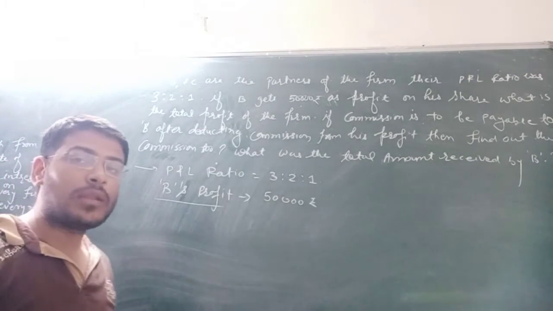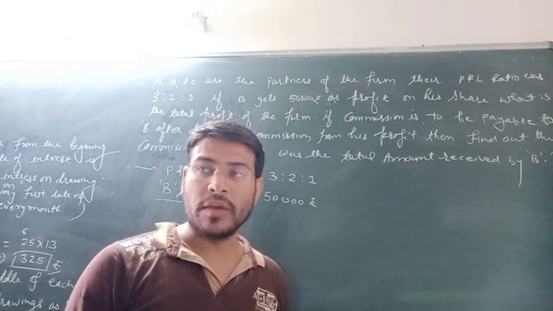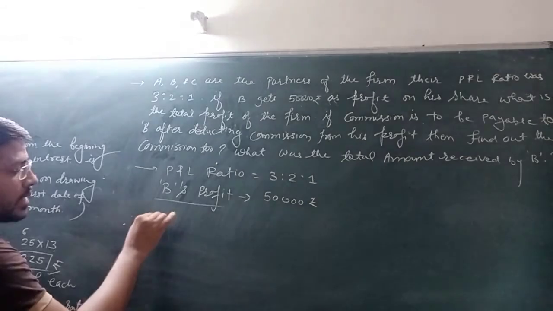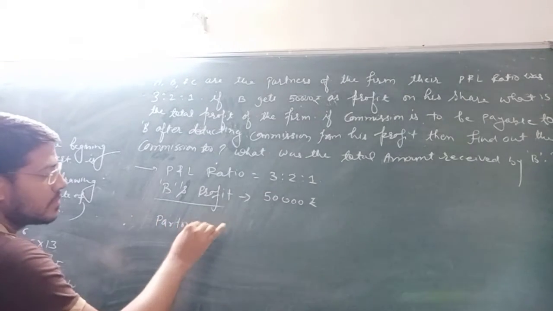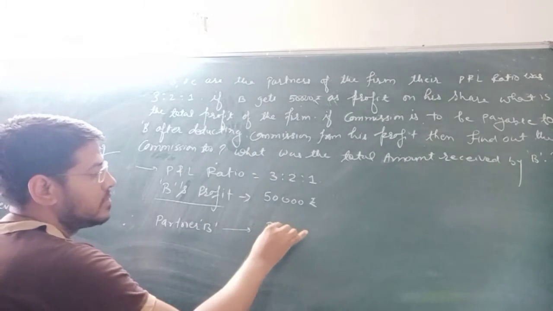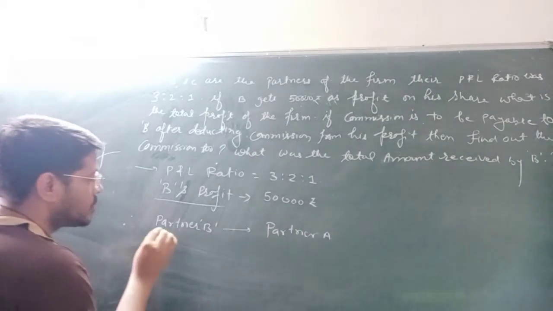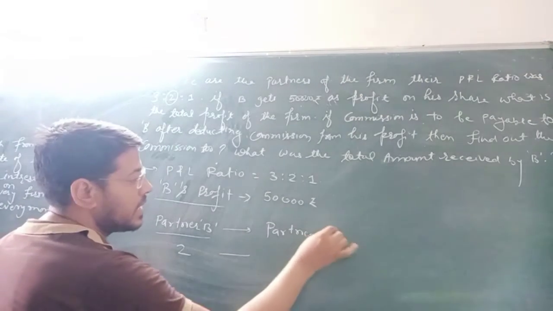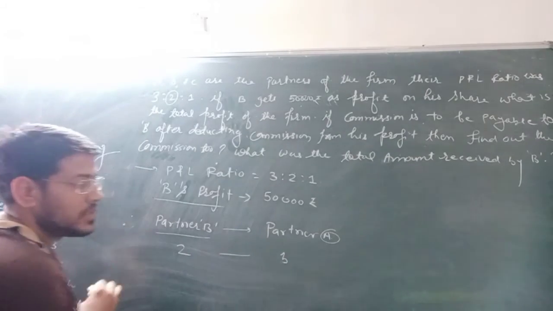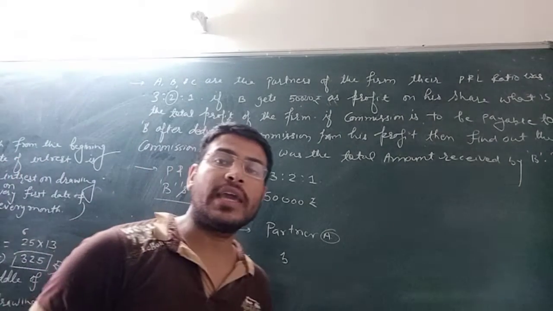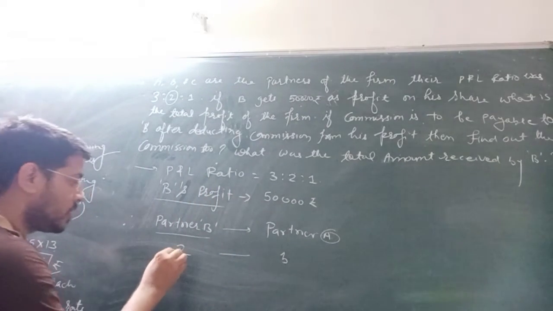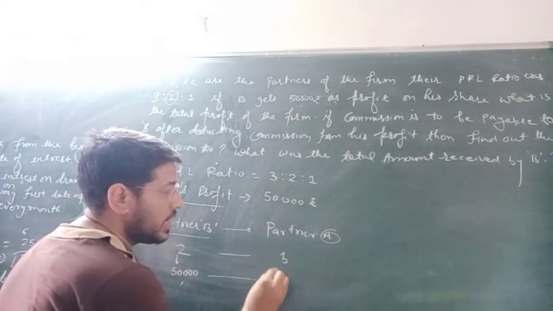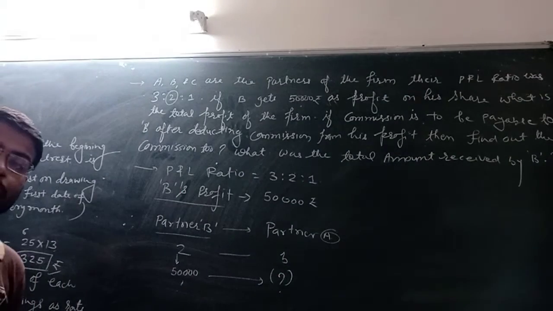Then how can we calculate? For that we have to make a comparison. Here you can see partner B, and on the other hand partner A. When partner B gets a share of 2, at the same time partner A gets a share of 3. So if I get 50,000 rupees on a share of 2, how much will partner A get on a share of 3?